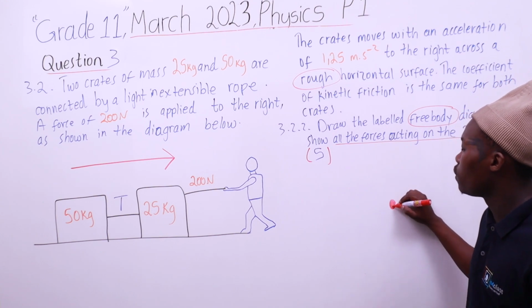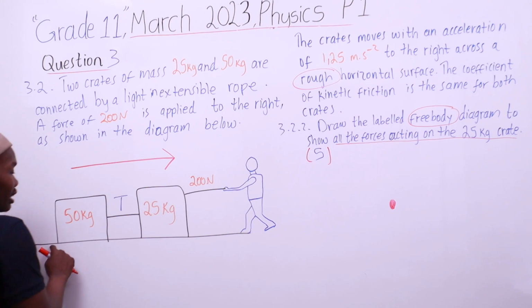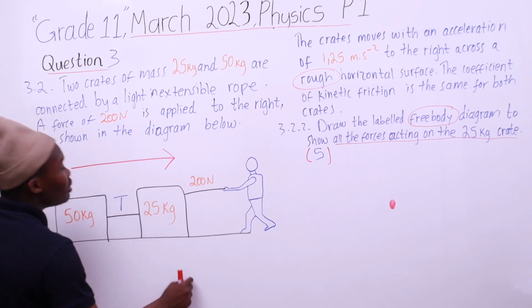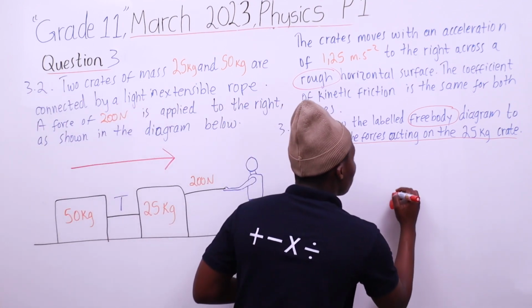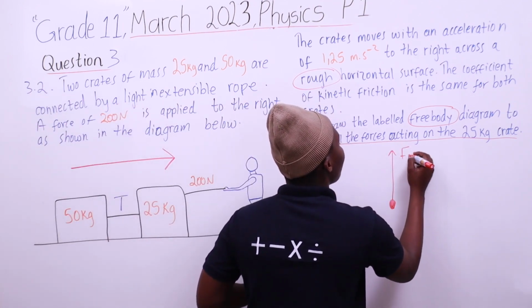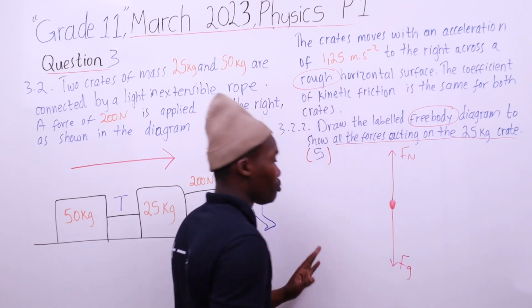First things first, we know there are two forces, gravity and normal force. Since it is on a surface, the gravity is balanced by the normal force. So we have Fn going up, and going down we have Fg.